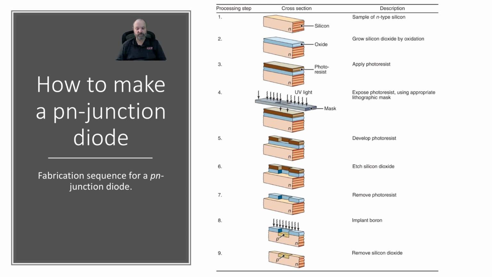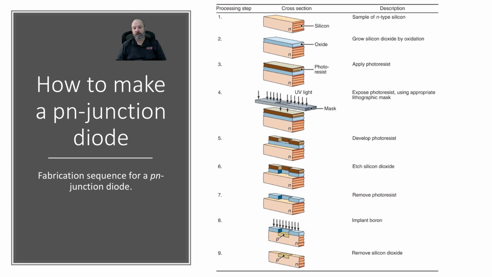So now I'm exposing the silicon underneath the silicon dioxide where that hole is. So then I do a boron implant. Okay, and boron creates a p-type semiconductor.